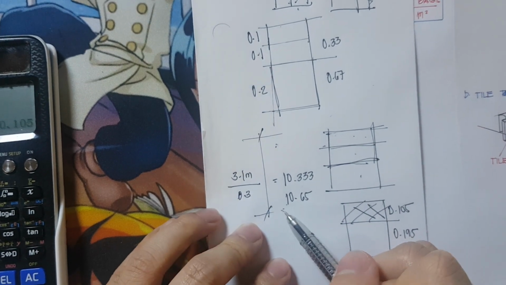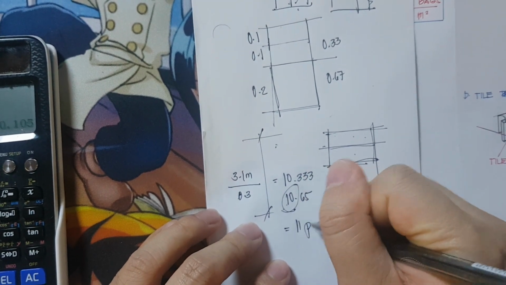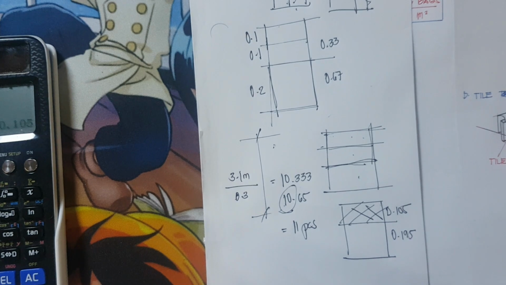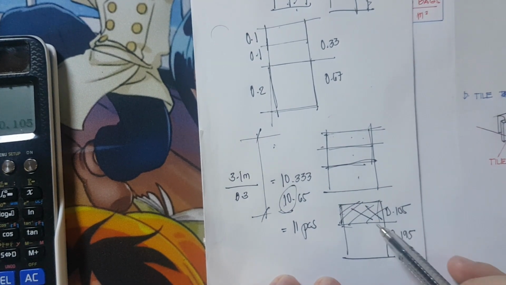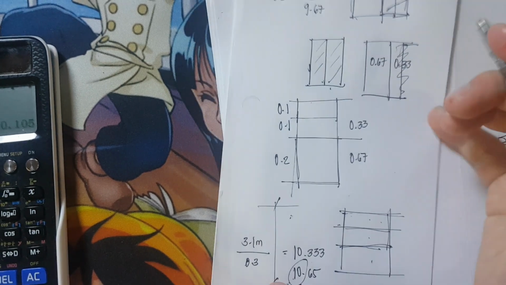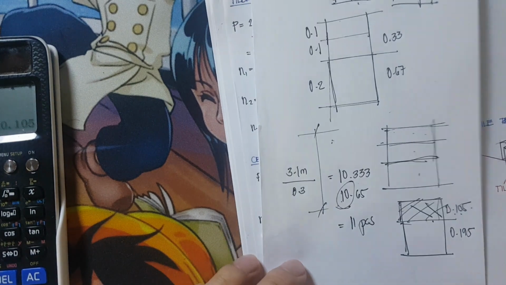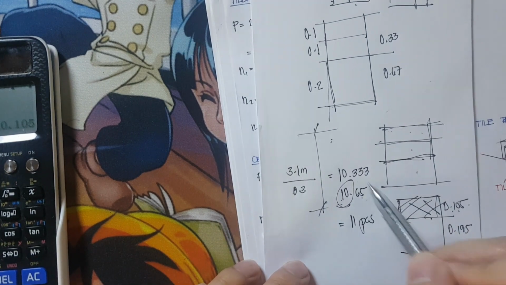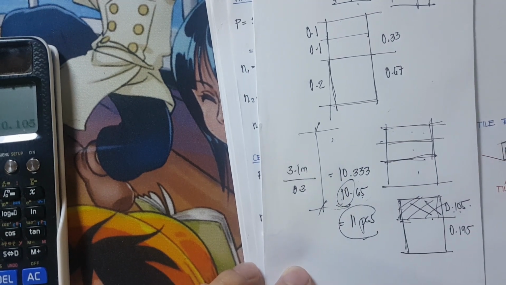Therefore, instead of 10, you will order 11 pieces. That's why from 10.65, we round it up to 11.